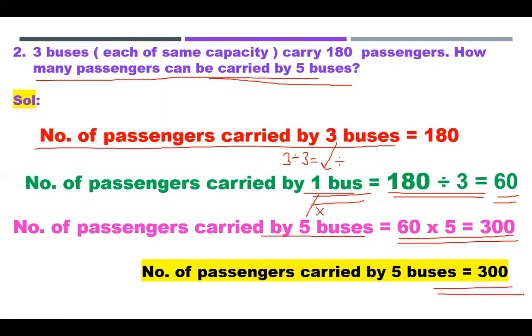So this was all about the unitary questions, right? So firstly you have to find for one thing, then you can find for many things by applying the operations, division and multiplication accordingly. Thank you.